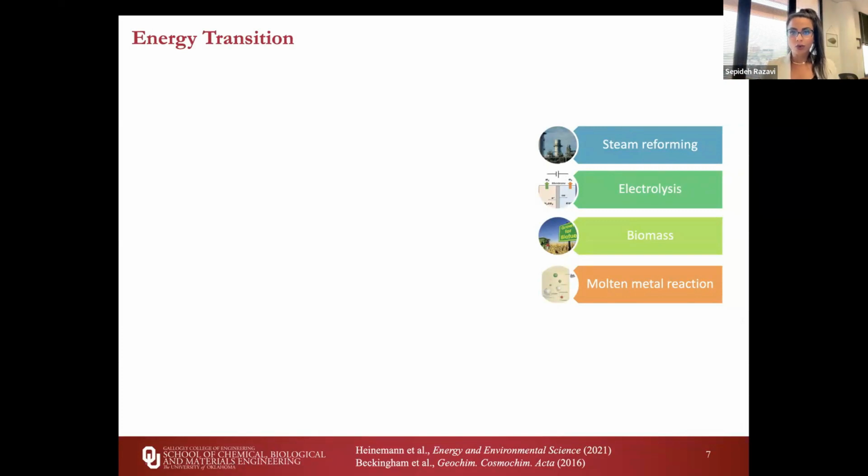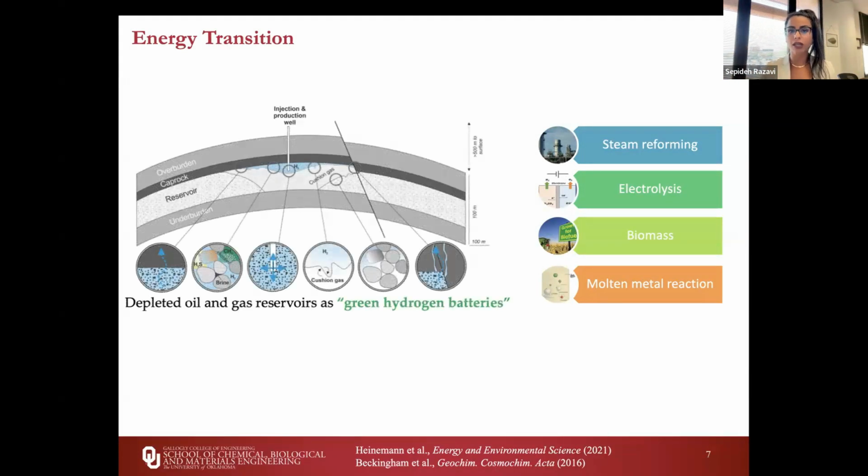Well, what is the importance of interfacial phenomena in all of this I'm talking about? Well, the fact is that we need to have high capacity for storage to store this hydrogen that's being produced through electrolysis in order to be using it on demand, right? When the wind is not blowing or the sun is not shining.